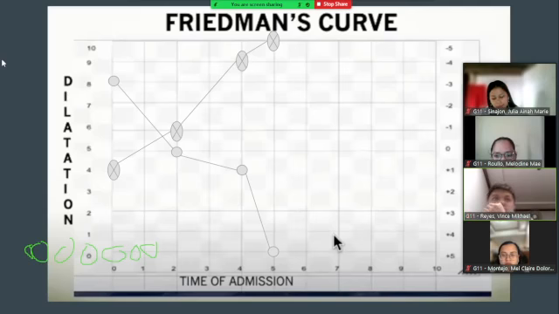The task was to plot the Friedman's curve. The circles are for the station, and the circles with the X are for the dilatation. The patient came in with a station of -3 and a dilatation of 4 cm.